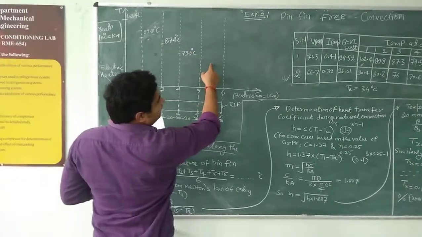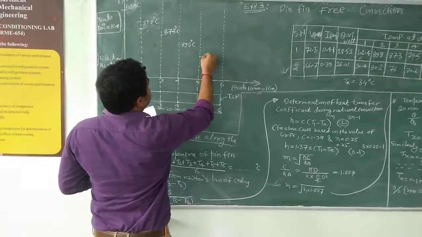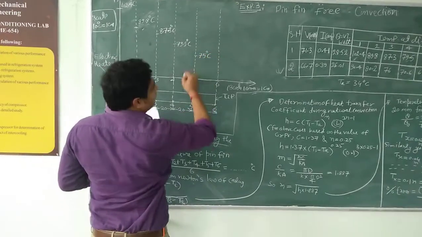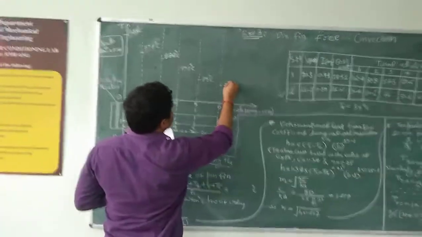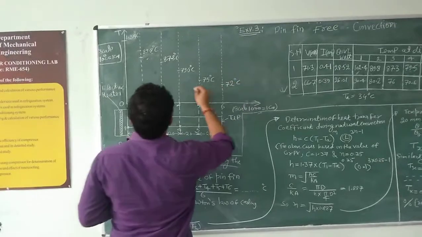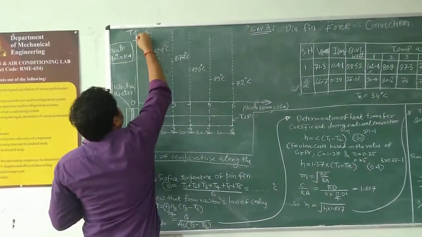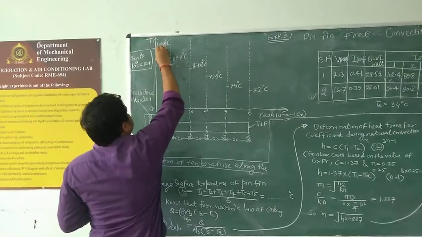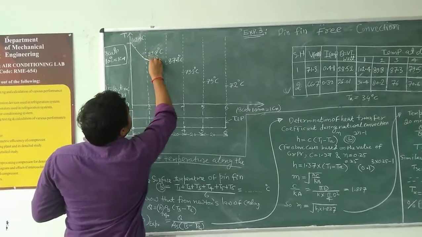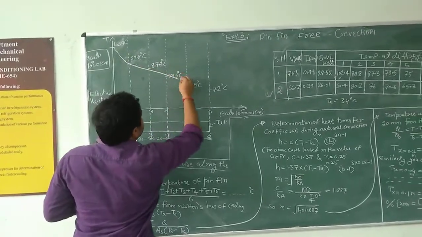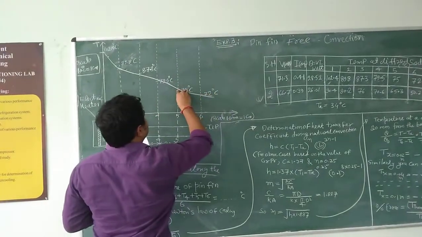Next T5, 7.5 centimeters. Then T6, 72 degrees Celsius. So you can draw the experimental temperature profile.